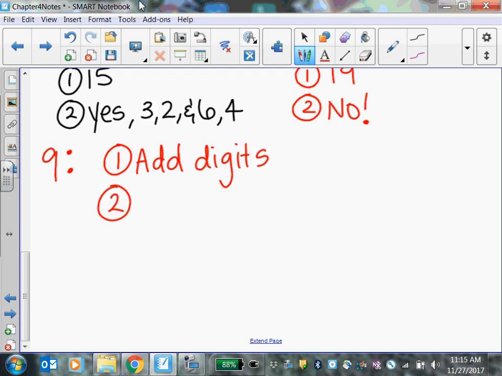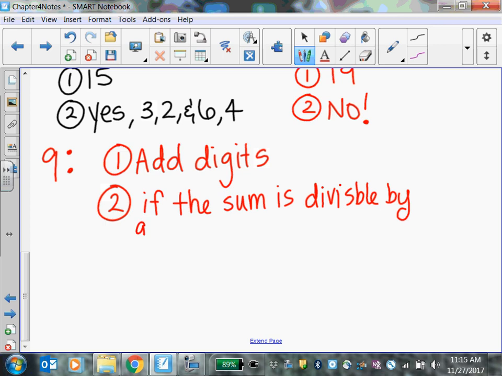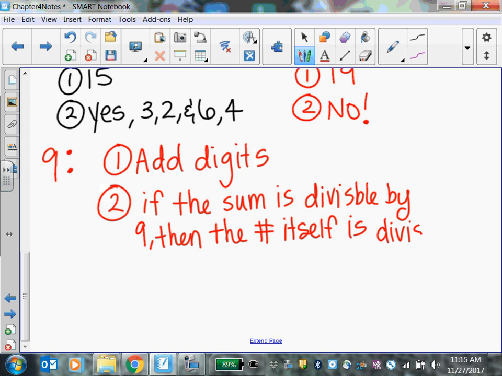So now you just need to see if the sum is divisible by 9, then the number itself is divisible by 9. And you have the 9s on the hundreds chart right there with everything shaded in.